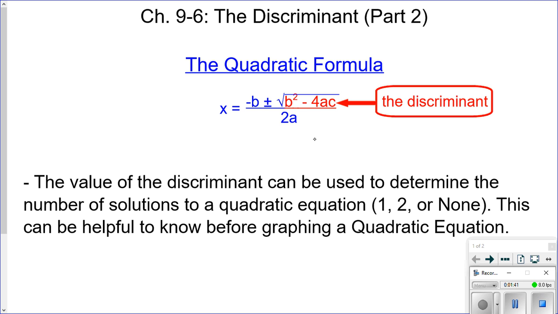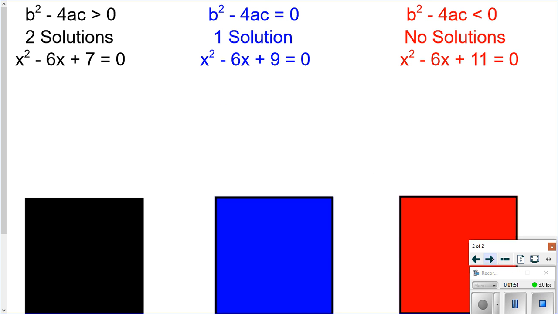All right, I'm going to show you some examples of how this works. The value of the discriminant is going to tell us whether there's 1, 2, or none. Here's the key. This is the discriminant. If the discriminant is greater than 0, then that tells you there's two solutions.